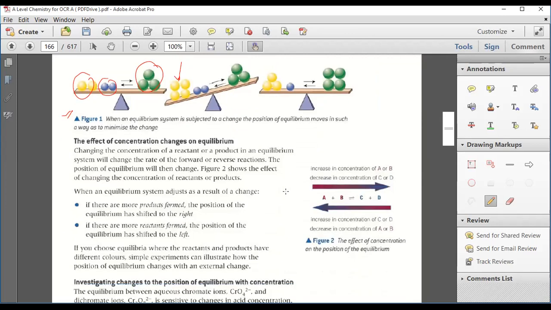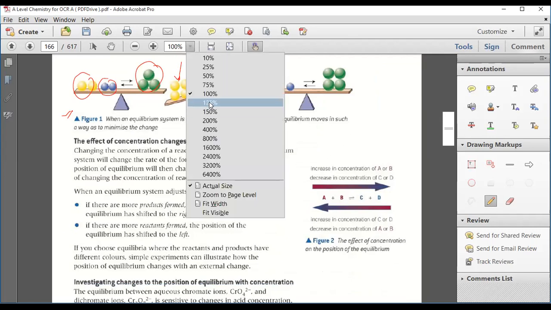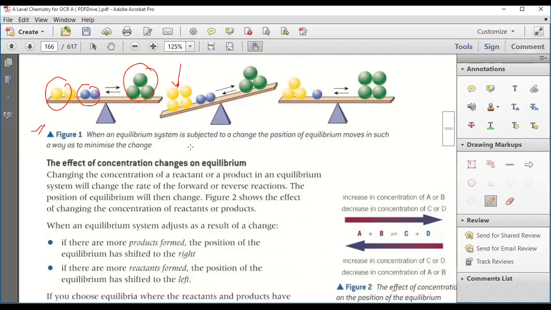Now basically this equilibrium can be changed. The first point that can change the equilibrium is concentration. Now suppose this is a reactant giving a product.